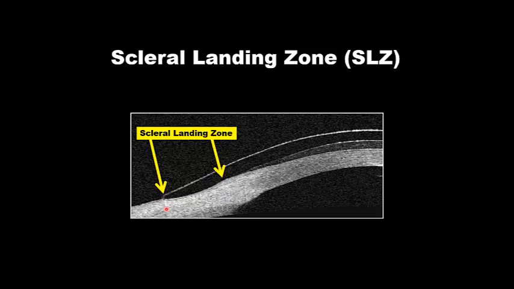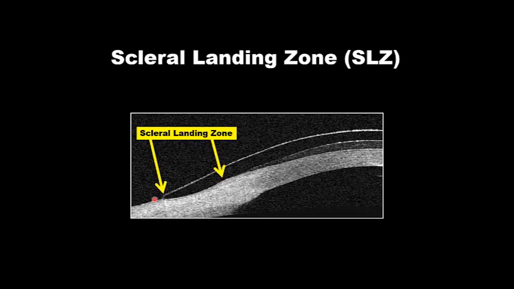For those of you with OCT, what you also want to see is a lens edge pointing along the surface, as if the angle of this scleral landing zone is equal to the angle of the surface it's sitting on. Another way you can look at it is if the apex of the edge is 50% into the conjunctiva, 50% above, you know that the tip is most likely pointing along.